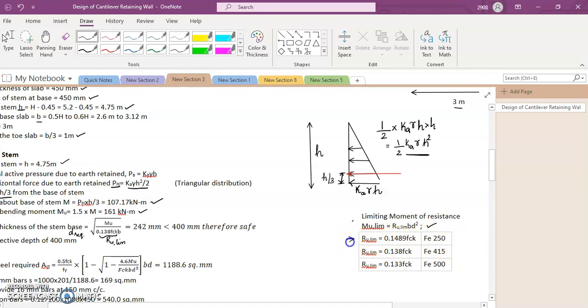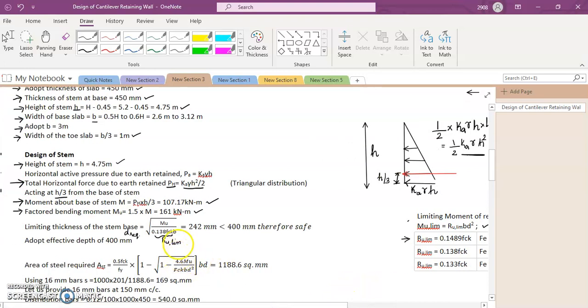Ru limiting is 0.1489 fck for Fe250, 0.138 fck for Fe415 and 0.133 fck for Fe500. Since we are using Fe415 here, Ru limiting in our case will be 0.138 fck. So this value is written directly in the formula, Mu upon 0.138 fck into B. This gives us d required as 242 mm.